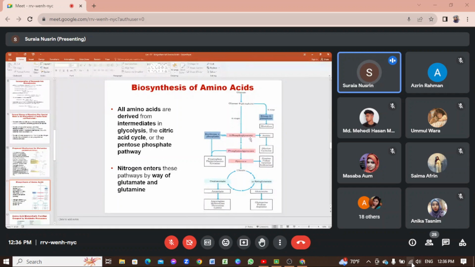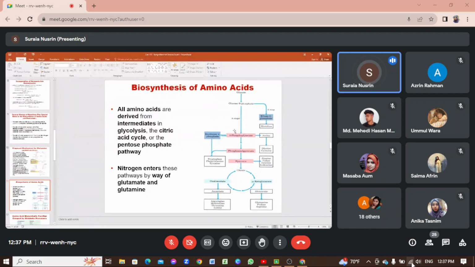The 3-phosphoglycerate can be used to synthesize the 4 carbon sugar erythrose 4-phosphate, and phosphoenolpyruvate can directly be utilized to synthesize tryptophan, phenylalanine, and tyrosine. From the pentose phosphate pathway, we get the ribose sugar. From the ribose sugar, we get histidine, and from the 3-phosphoglycerate, serine is synthesized.